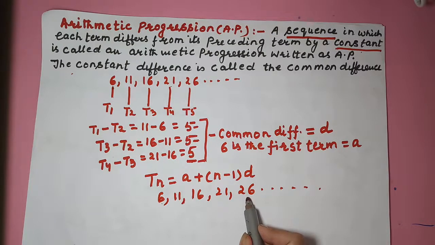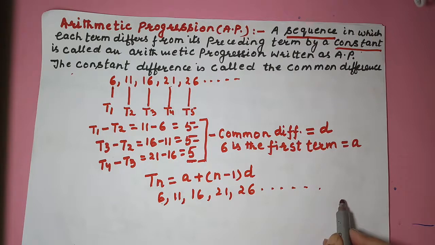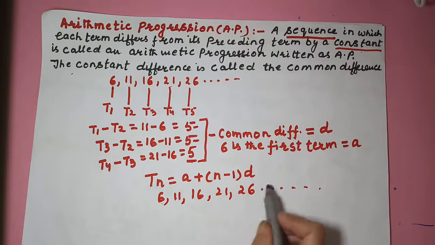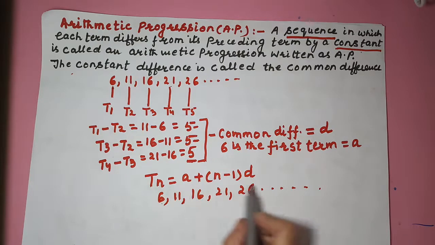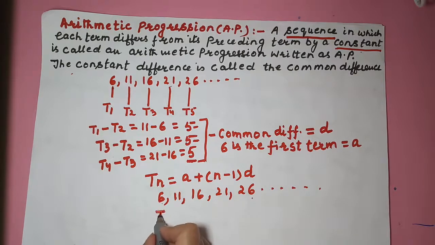Now suppose you want to find the 100th term of this sequence. How will you do this? Does it mean that you have to keep on adding 5 till the 100th term? No, this general term will help you to calculate the 100th term of this sequence. So all we need to do is replace this n by 100.